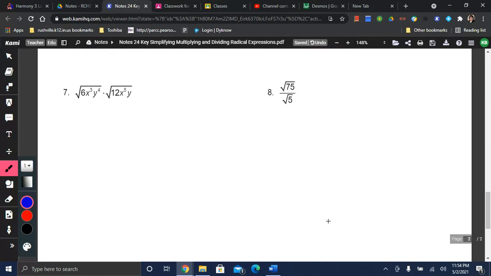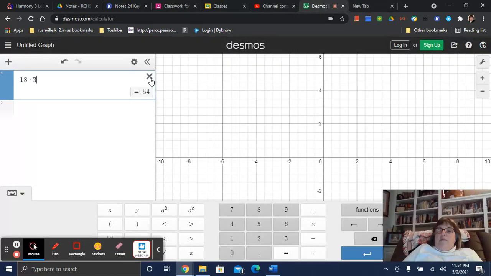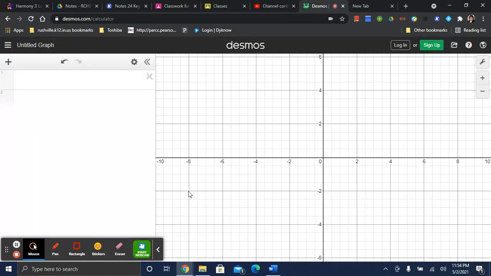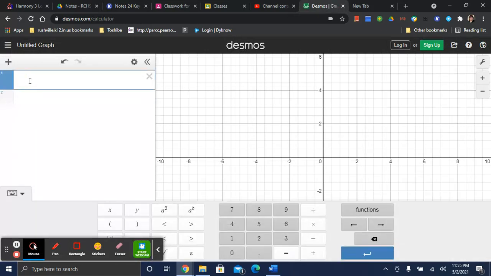We'll continue on even when you have multiple variables. You can keep your 1 square root. The 6 times the 12, again, if that's a little bit bigger and you don't know it, you can multiply. So 6 times 12, and that's 72.